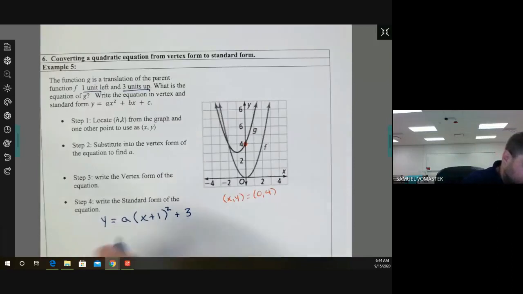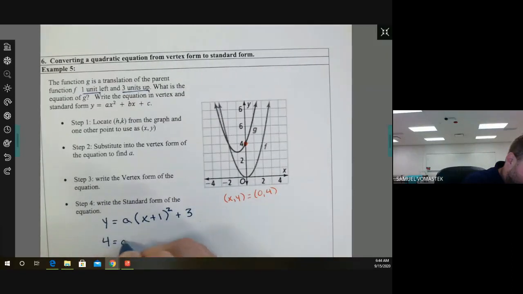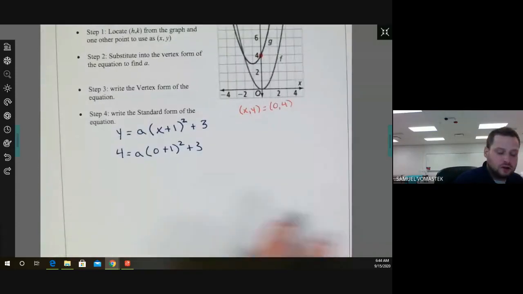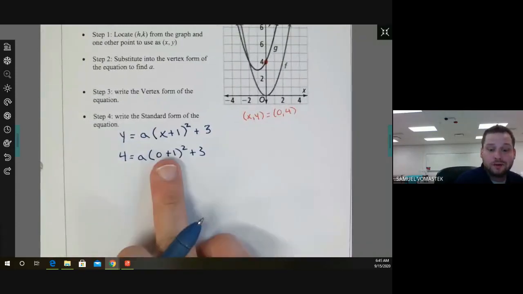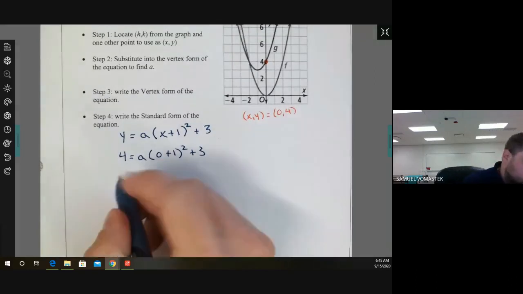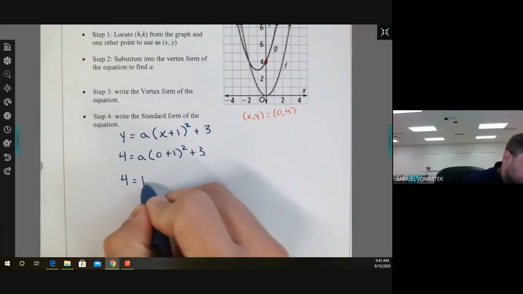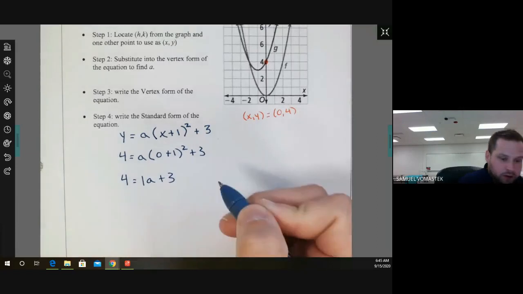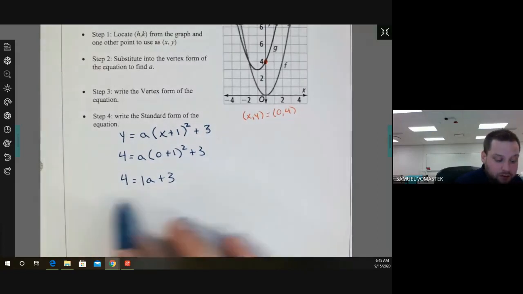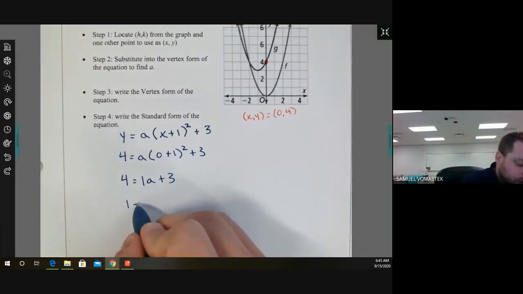We go ahead, plug in everything we know, and solve for a. So doing that, y value 4, I don't know a, x is 0, plus 1 squared plus 3. 0 plus 1 is 1. 1 squared is 1, so I have 4 equals 1a plus 3. From there, take 3 away from each side, so I'm left with 1 equaling a.